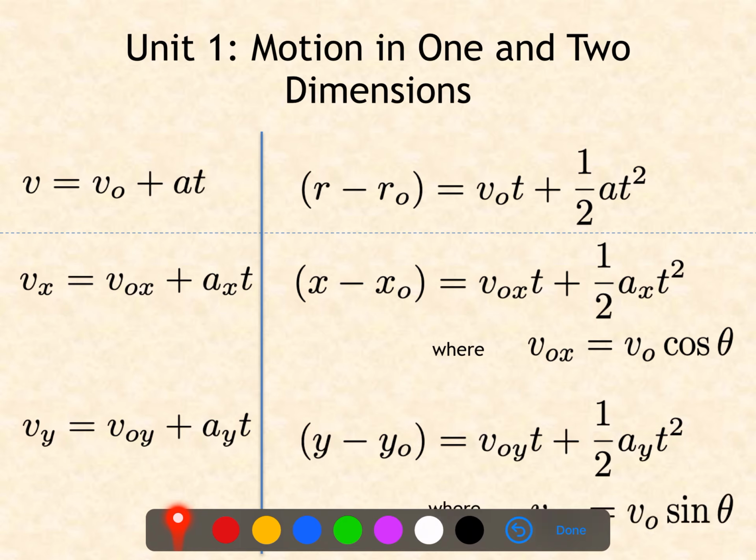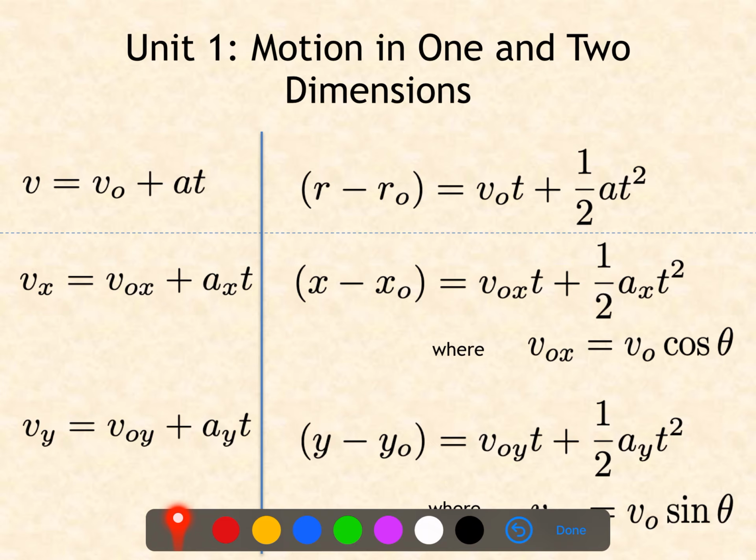Likewise, I could think about it in the y direction, and then I would have to resolve my velocity into a y component, v naught sine theta. Okay? And if these ideas here of resolving vectors are still not comfortable for you, I would encourage you to review the first lecture and also the material in Chapter 1 in Halliday and Resnick.